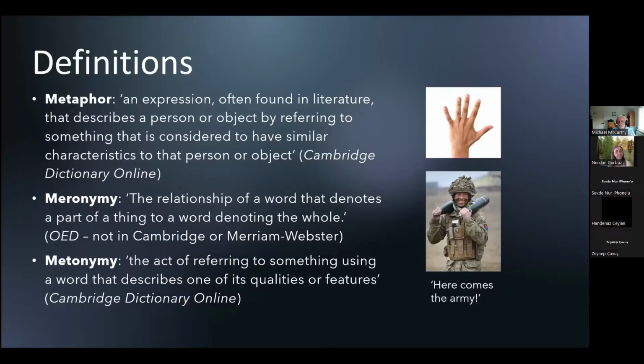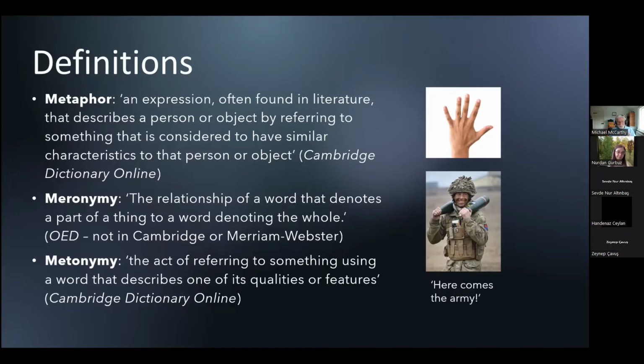So the example I've put here on the right is you see a soldier arriving and you say, aha, here comes the army. Only one soldier, but you say, here comes the army. Or you say, the police have issued a statement. And what you really mean is that one police officer issued a statement representing the whole organization of the police force.